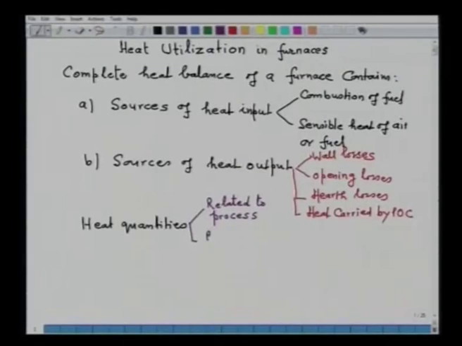Then there are heat quantities which are related to process combustion. That means, these quantities relate to combustion and they tell us the consumption of fuel.